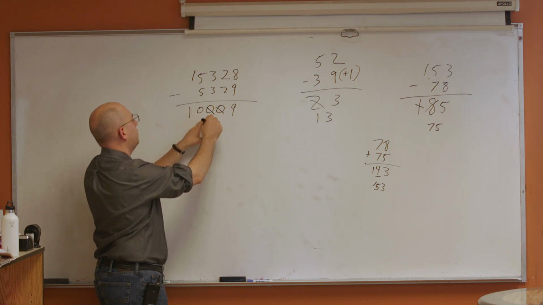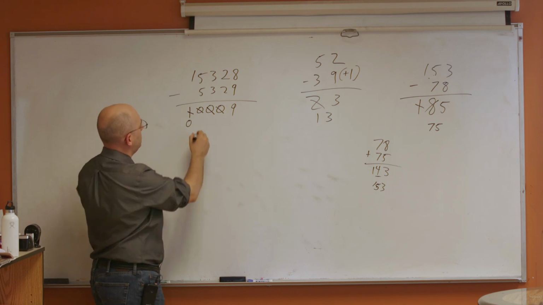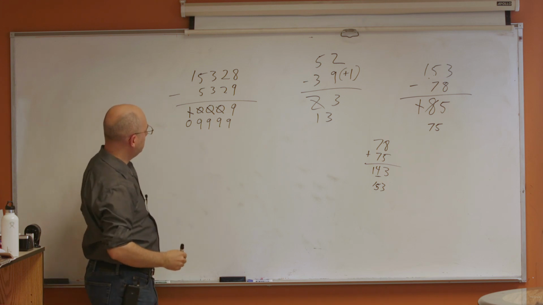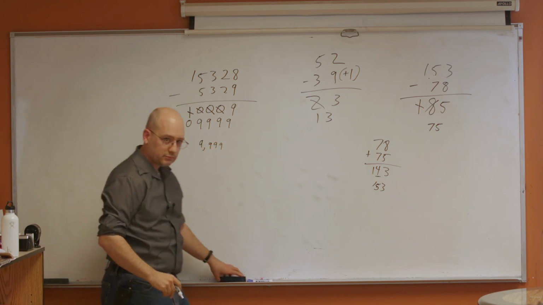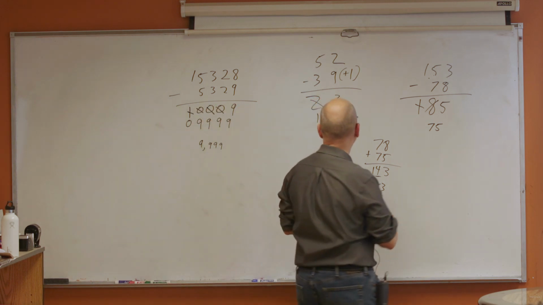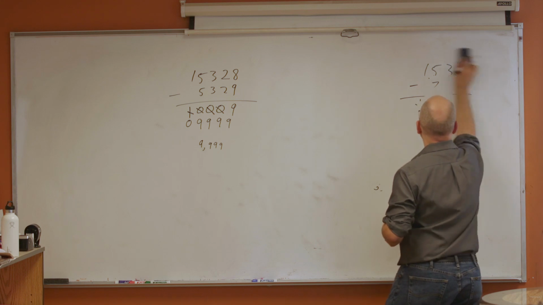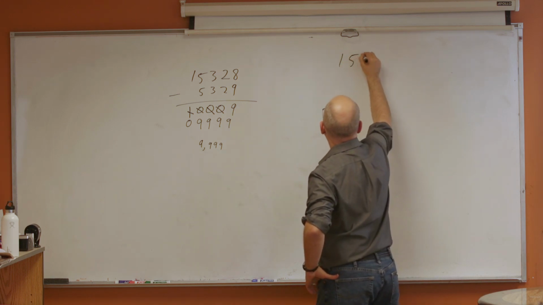You slash this, slash this, slash this, that becomes a 0. And 0 slashed becomes 9. So 9,999. That's the rules, Parker. That's 9, ruined it. Now let's try it the standard way, if you will.